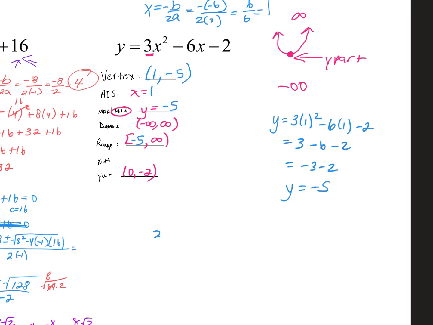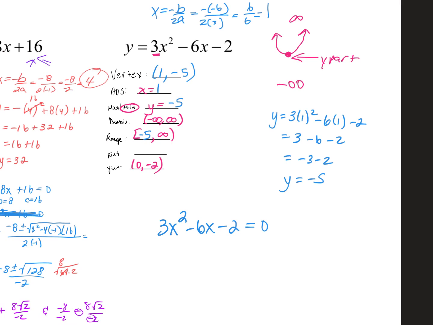So we say 3x squared minus 6x minus 2 equals 0. Always try to factor first. 3 times negative 2, are there factors of negative 6 that multiply to give us negative 6 but add to give us negative 6?